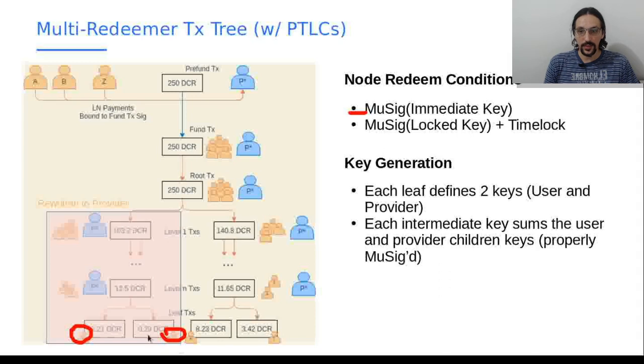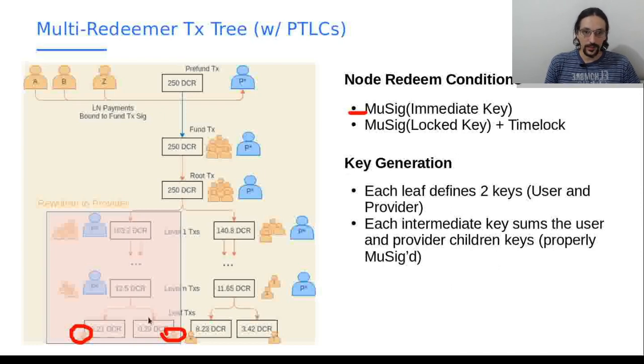So this entire tree of transactions has an initial time lock of some blocks. And then if the provider finds out all the leaf keys, they can redeem immediately. And if they only find out some subset of the keys, they can redeem only that subset of transactions as a single output.